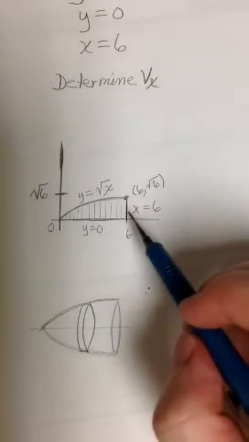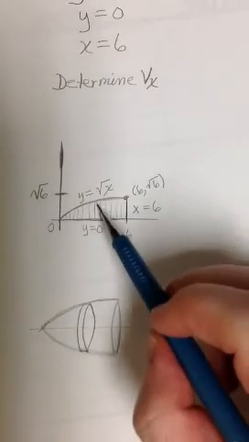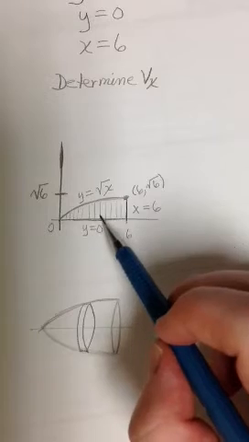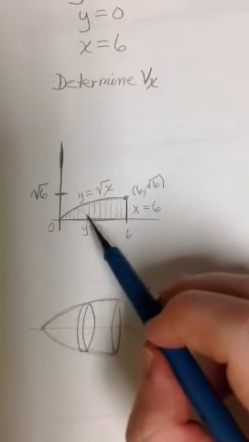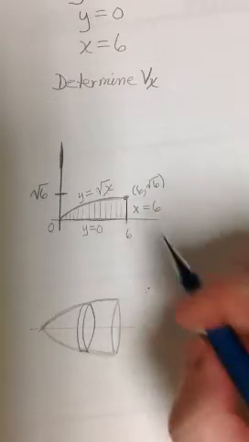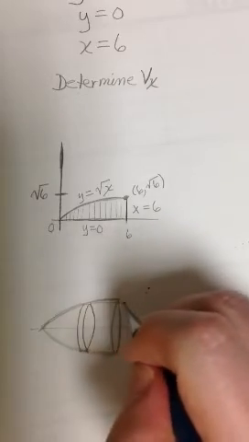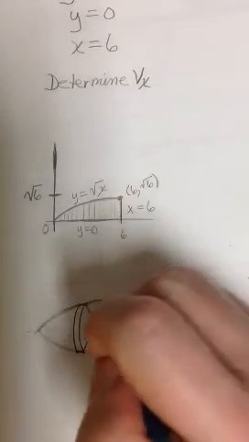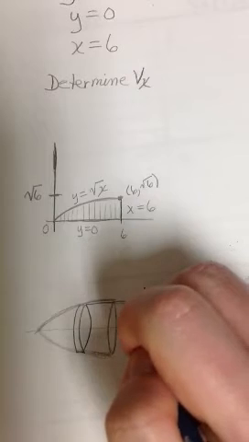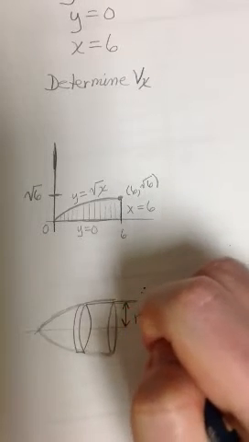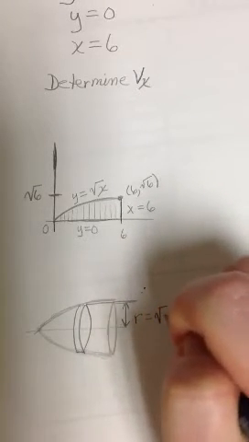Now for the radius, in this particular case, that is going to be the height of the two-dimensional section, and that is going to be the square root of x. So with the disk, once again, the radius is equal to the square root of x.